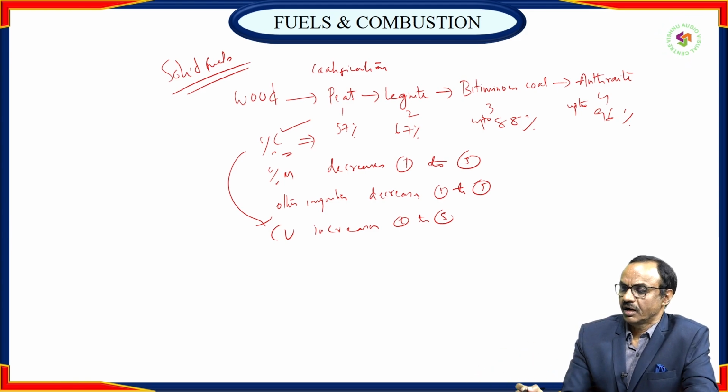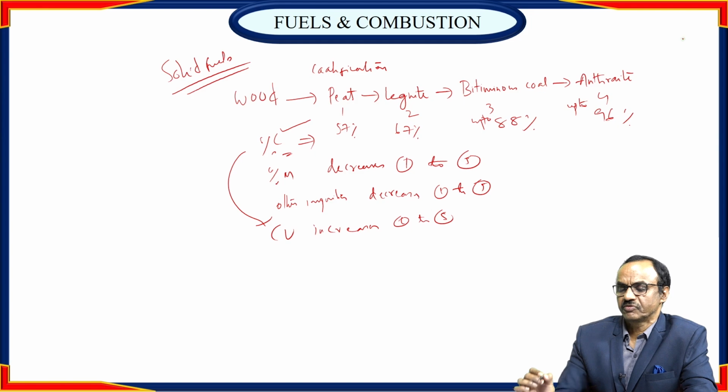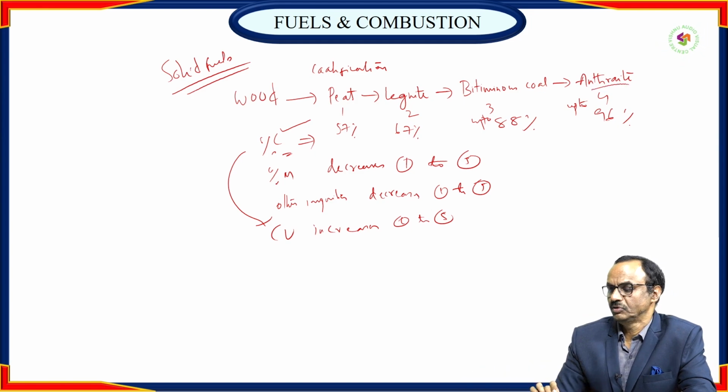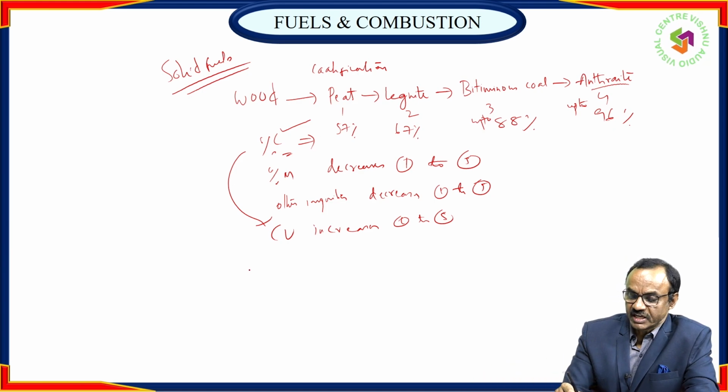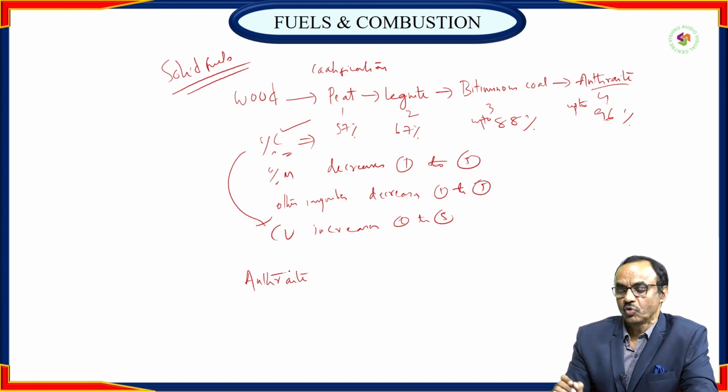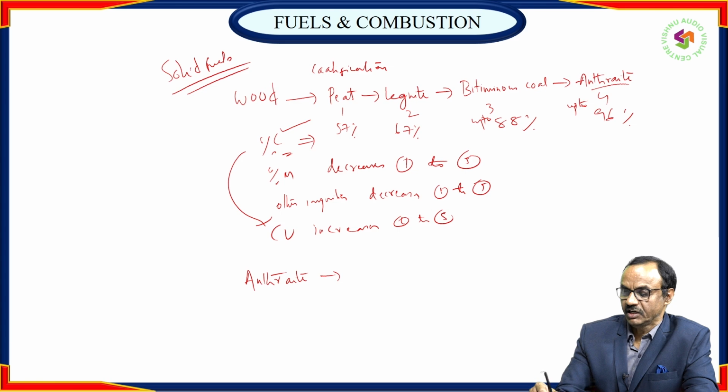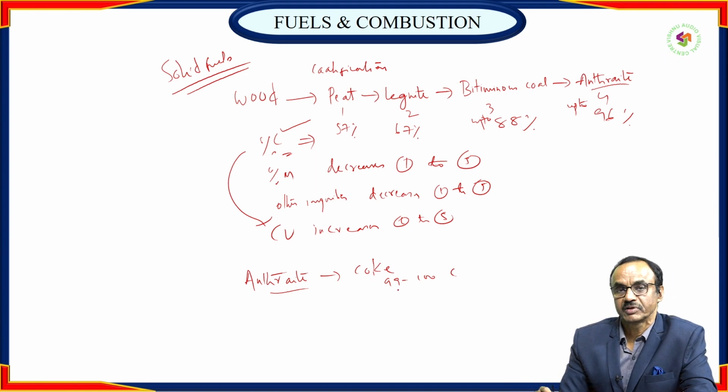Anthracite, formed in the last stage of qualification during anaerobic decomposition, contains up to 96% of carbon. We use anthracite for the manufacture of coke. Coke contains almost 99 to 100% carbon.